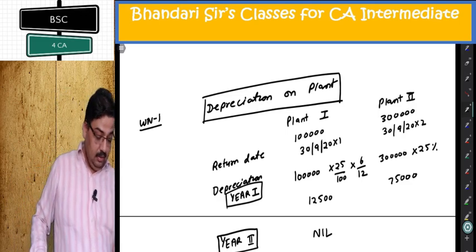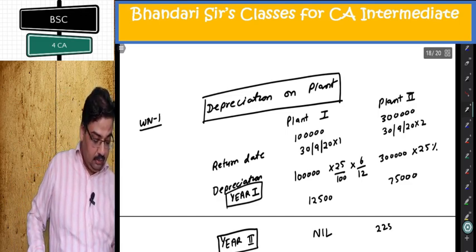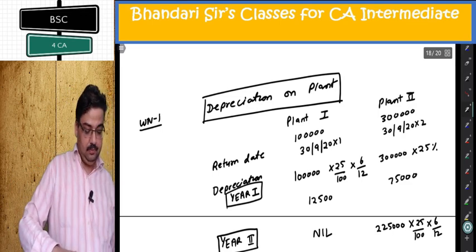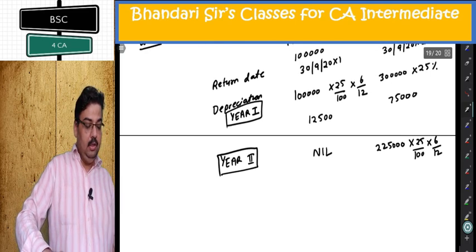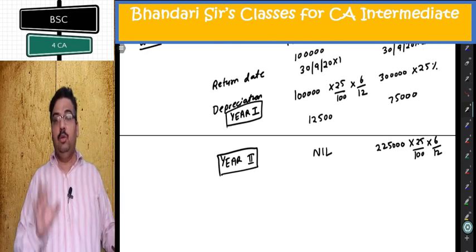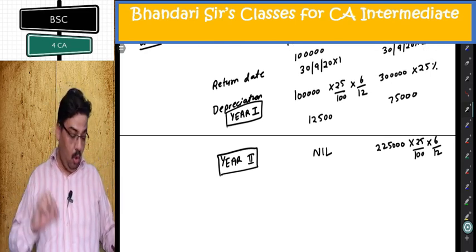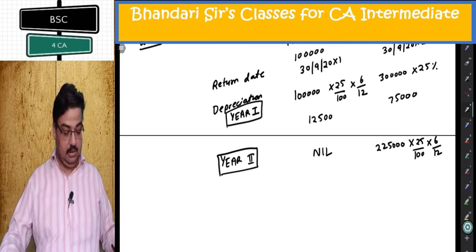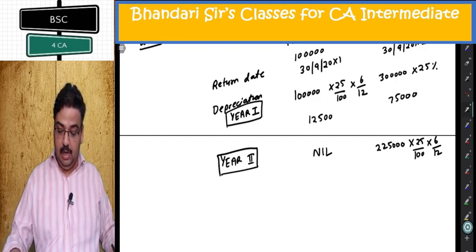In second year, this 2,25,000 WDV, 25% for 6 months. What you are getting? 2,25,000 written down value, 3 lakh minus 75,000. On that 25% 6 months. 2,25,000 into 25% into 6 by 12, half year.